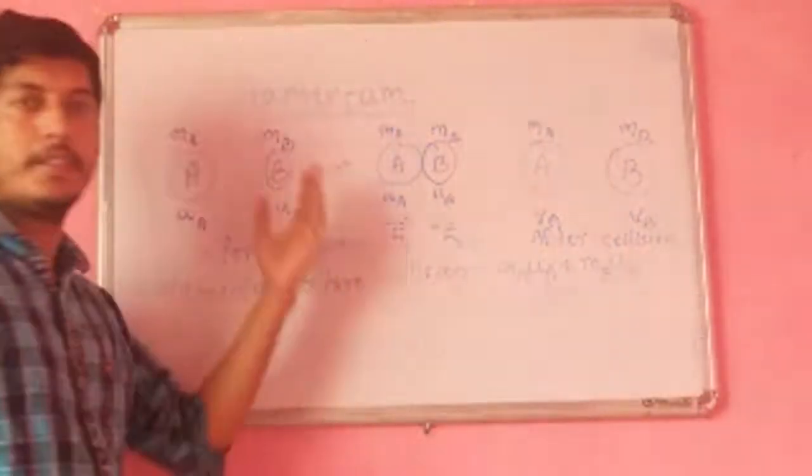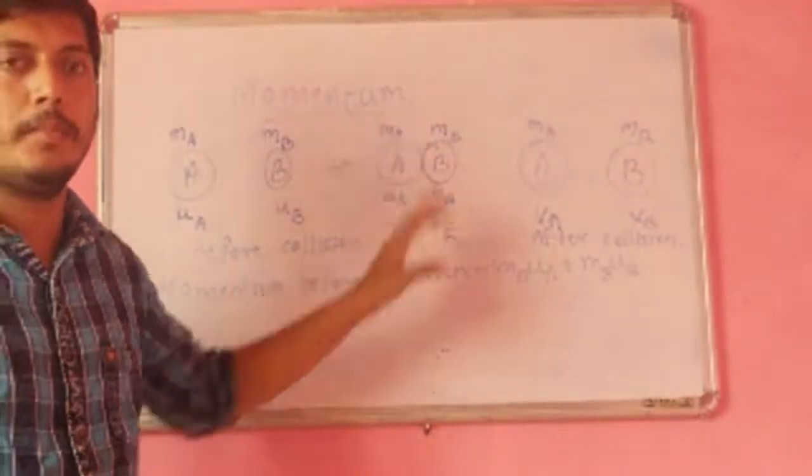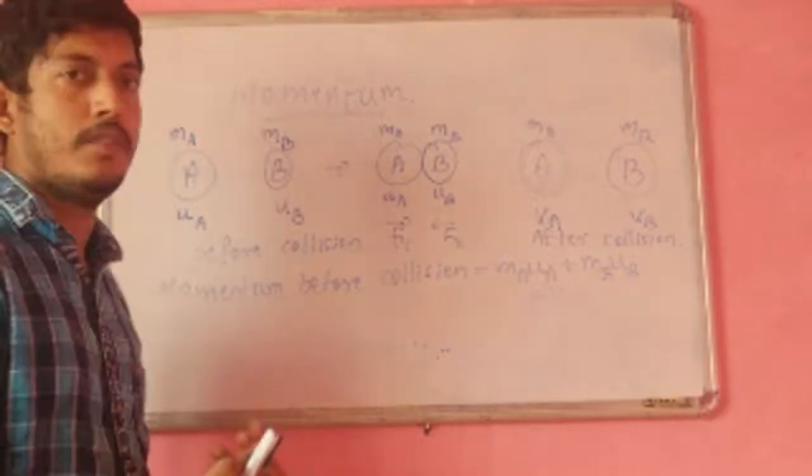The first phase is before collision, this is after collision, and this is the time of collision. Collision means the dashing of the two objects.